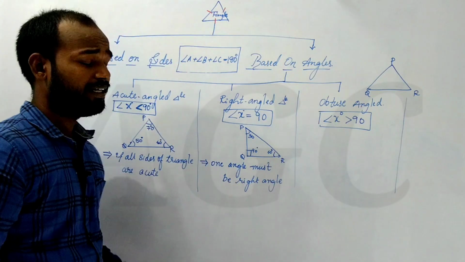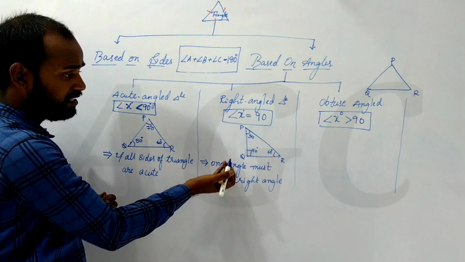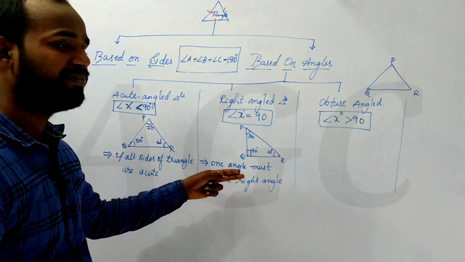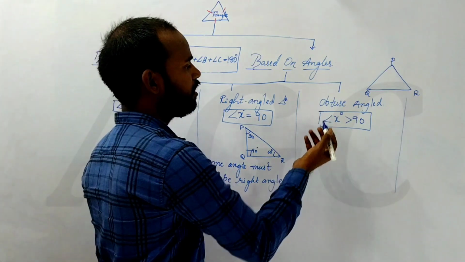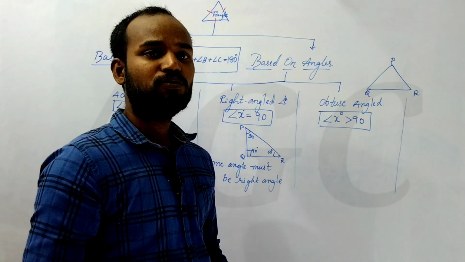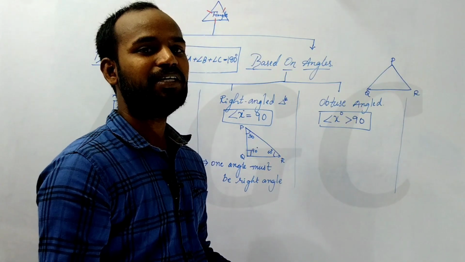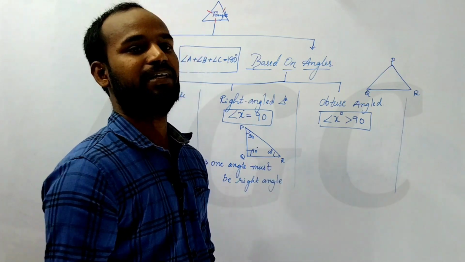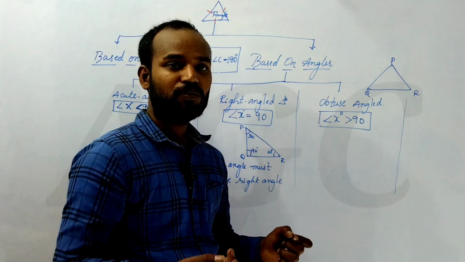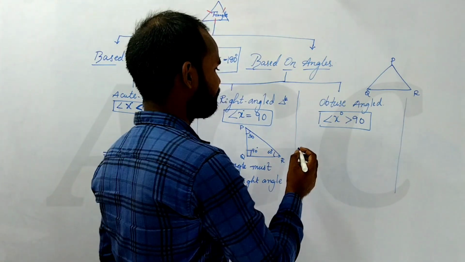So no need to learn any definition by heart. We are formulating the definitions from the picture itself, with the example itself. Now the obtuse angle triangle. If a triangle has an obtuse angle, then that triangle is said to be an obtuse angle triangle. In other words, a triangle with an angle greater than 90.